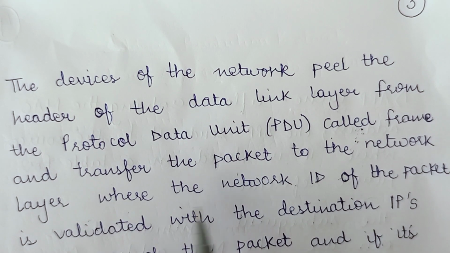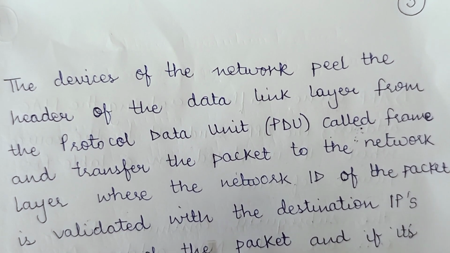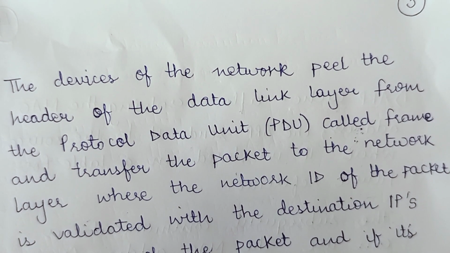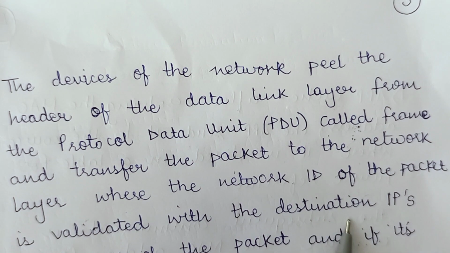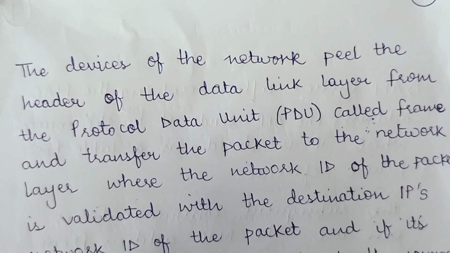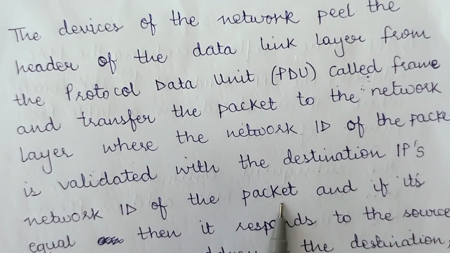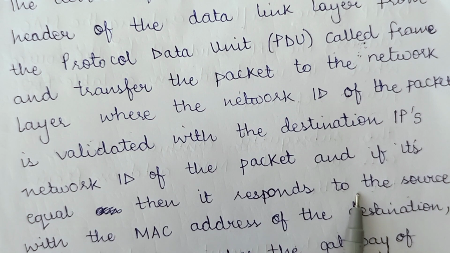In the network layer, the network ID of the packet received from the data link layer is validated with the destination IP's network ID. The destination IP is the IP of the device to which you want to transmit the data. If it is the same, or equal, then it responds to the source.